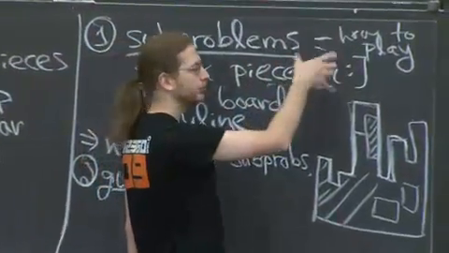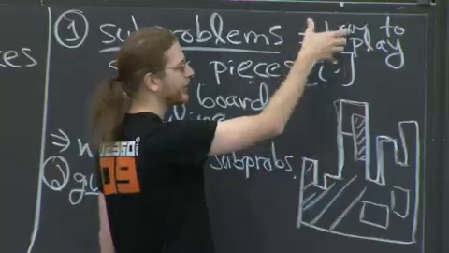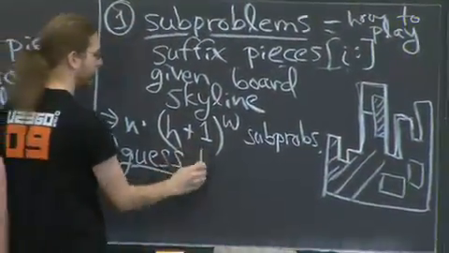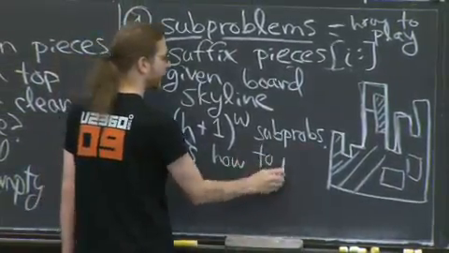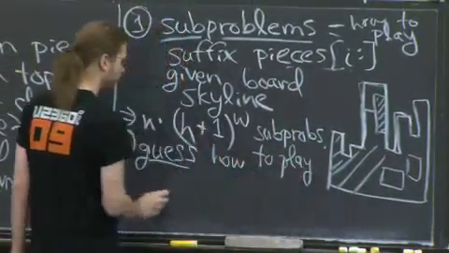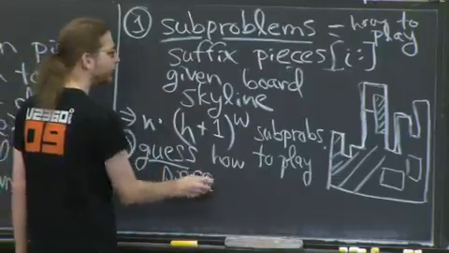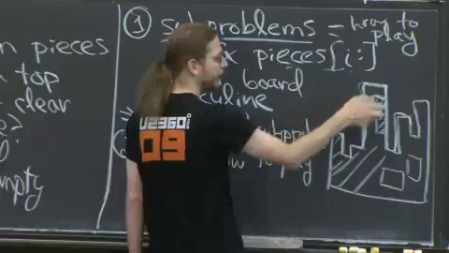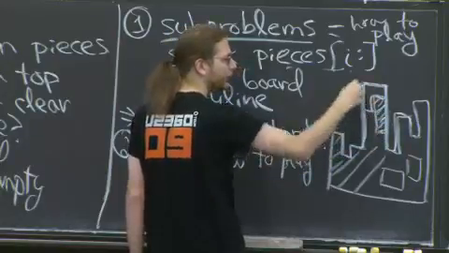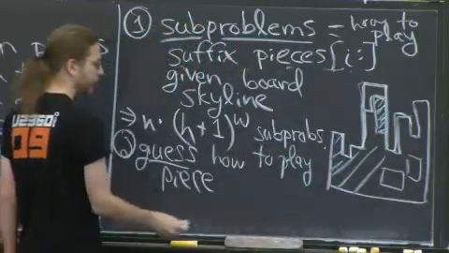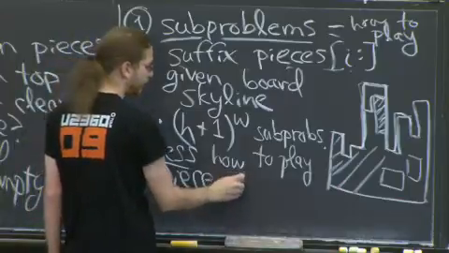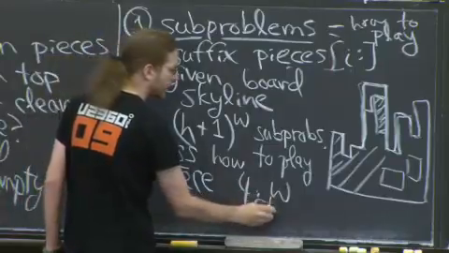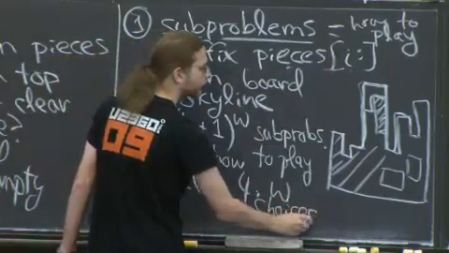I can rotate it 0, 1, 2, or 3 times, and I can choose some place to drop it. But those are my only choices. So it's just how to play piece i. And given that guess, you can figure out how the skyline updates, like I did here. When I place, if I drop that piece like that, then I fill in this part and recompute my new skyline. So there's going to be something like 4 times w different choices, roughly. 4 for the rotation, w for the x-coordinate.